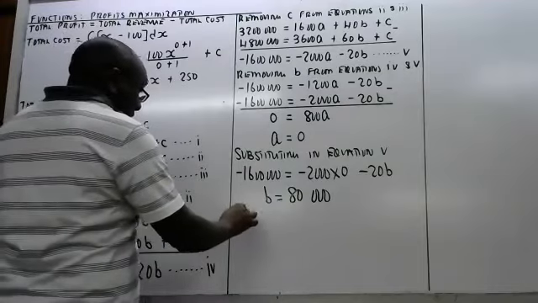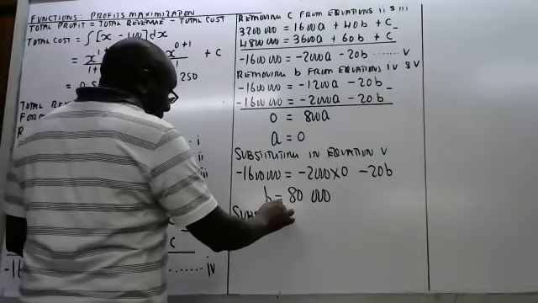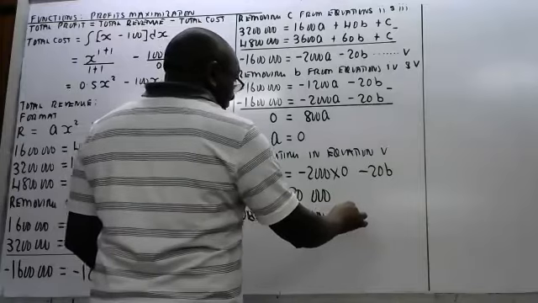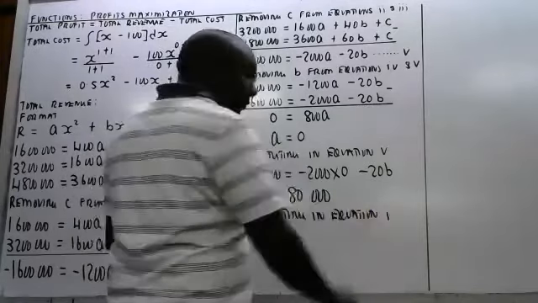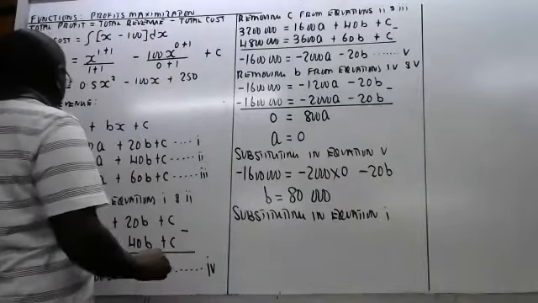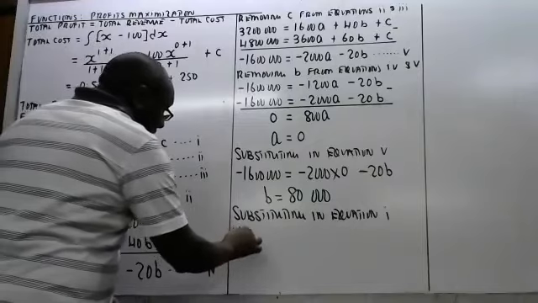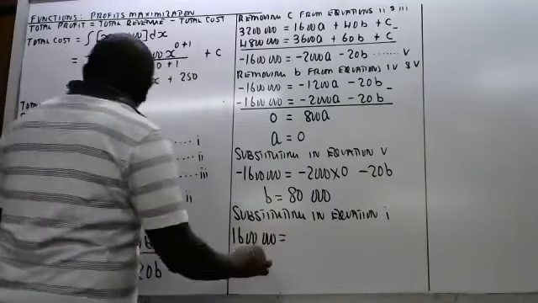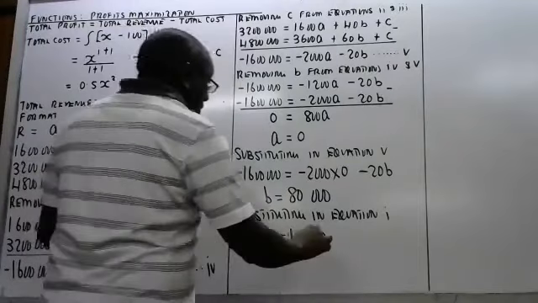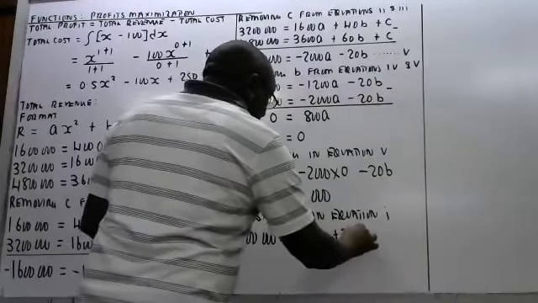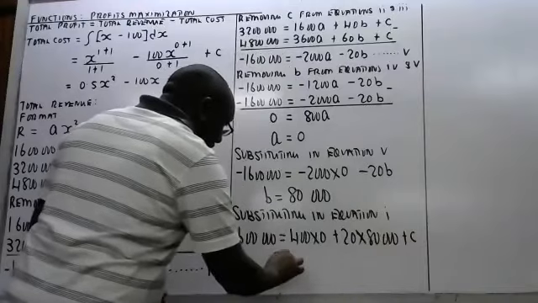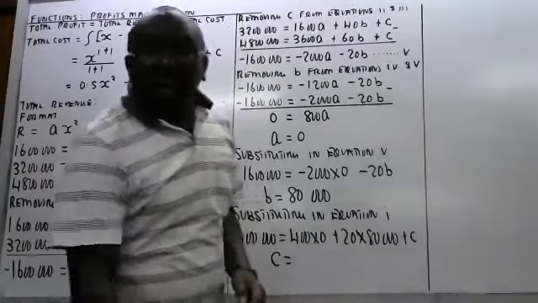I am then substituting in equation 1. Alice, have you confirmed? We will have 1.6 being equal to 400 times 0 plus 20 times 8,000 plus C. Give me the value of C. Okay, good.